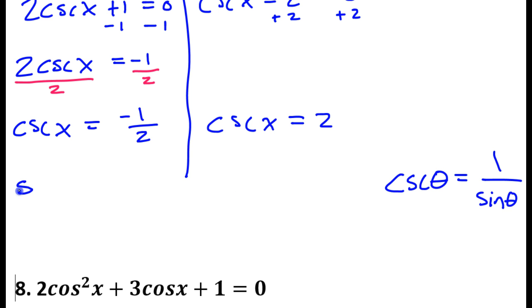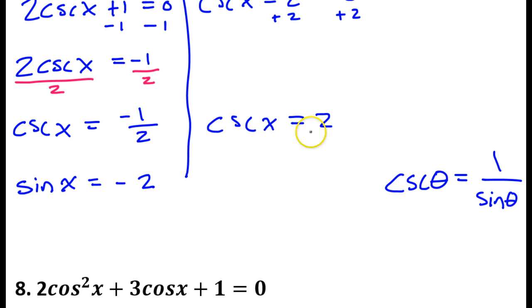So if I do the reciprocal over here, then that will turn this into a sine function. Okay, so there I just did the reciprocal of that side, and the reciprocal of this would be negative 2. Alright, because it would be negative 2 over 1, which is just negative 2.